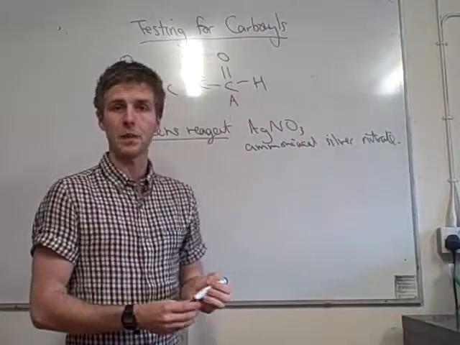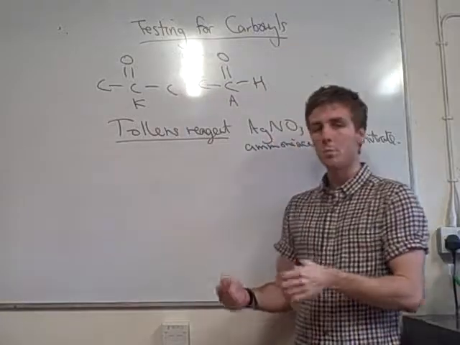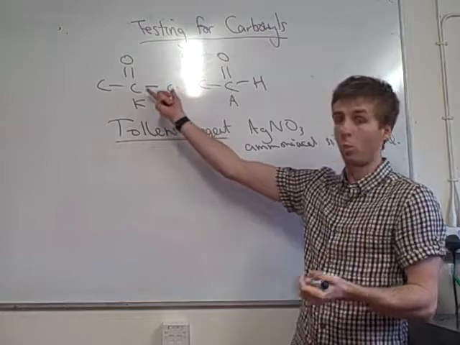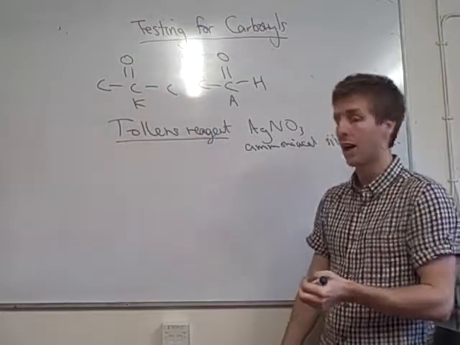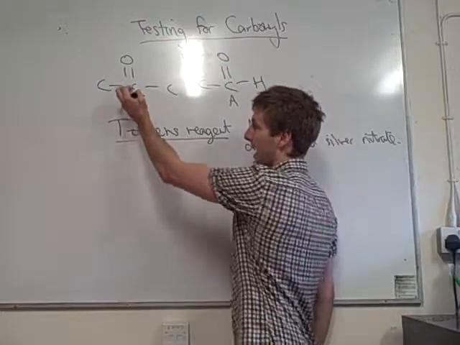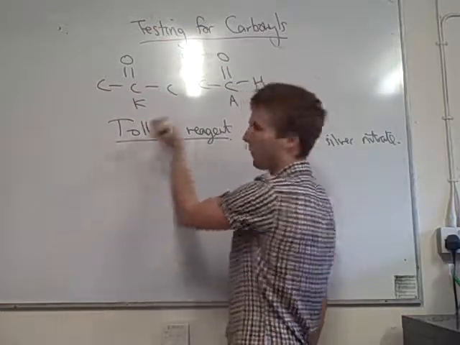Ammoniacal silver nitrate. And what happens is when you mix this in solution with what you suspect is a ketone or an aldehyde, you get one of two reactions happening. So let's say I add a ketone. In fact, let's start with aldehyde.